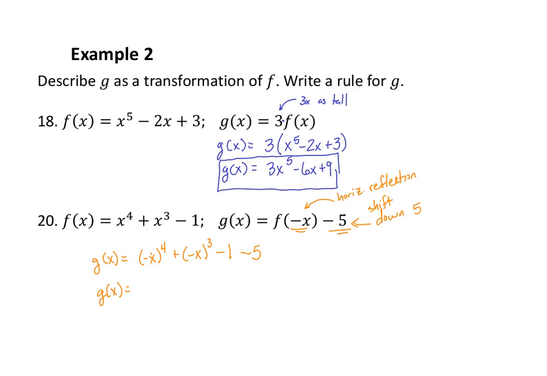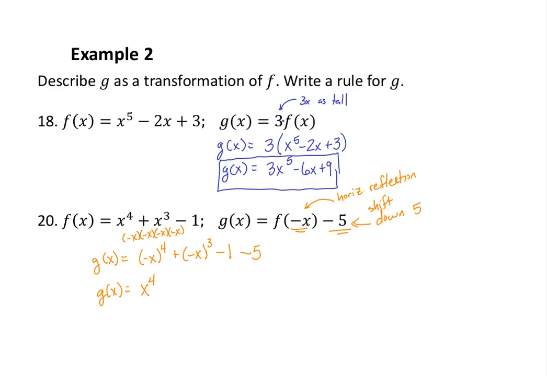Now, one neat thing about inputs raised to powers, if the power is even, that means I will have a negative times a negative over and over and over again. So in this case, if I just imagine negative x times negative x times negative x times negative x, the fact that there's an even number of negative factors being multiplied together means the negative sign essentially gets absorbed by an even power. So x to the fourth, negative x to the third.